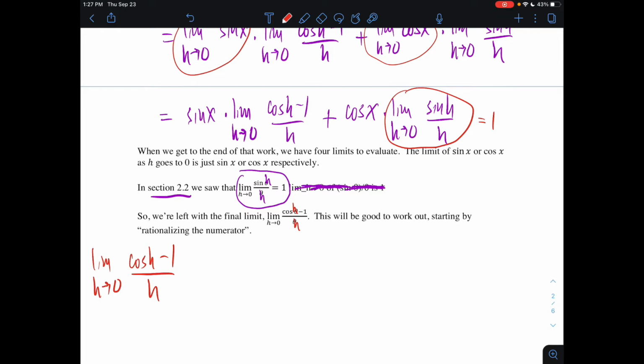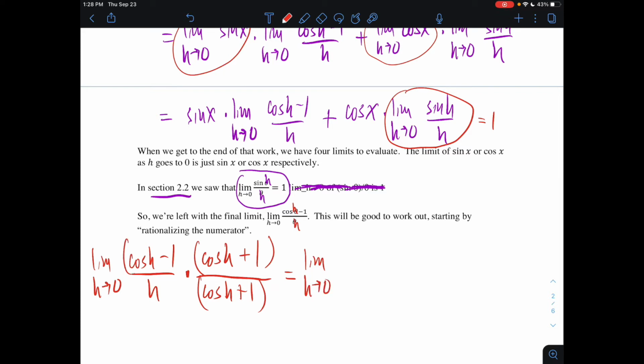And I'm going to use a multiplication of a conjugate, in this case cosine h plus 1 divided by cosine h plus 1. We saw something like that work before with square roots, and trig functions work sort of in the same way, mainly because of the Pythagorean identity.